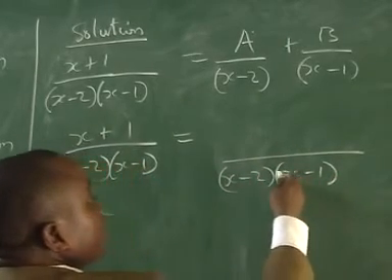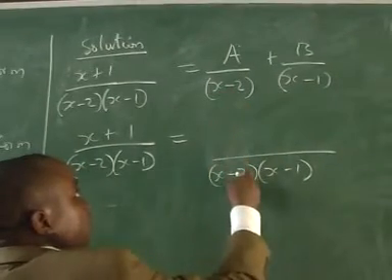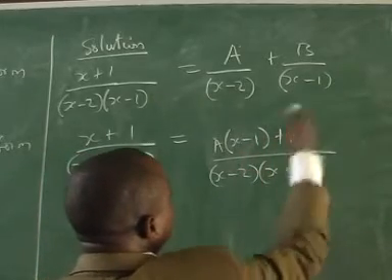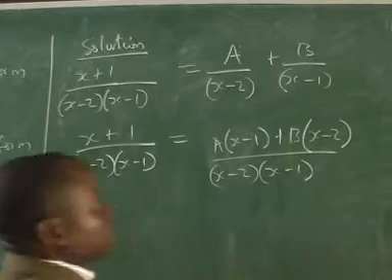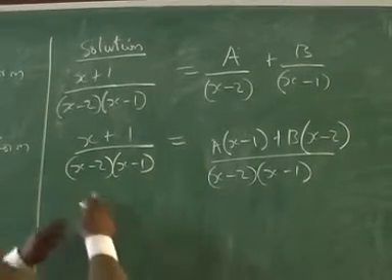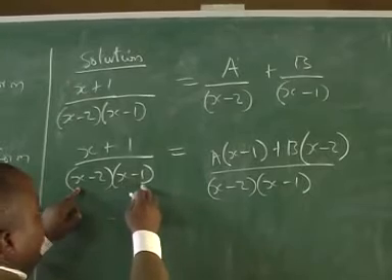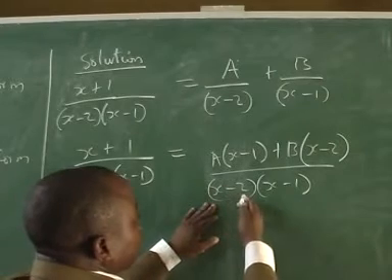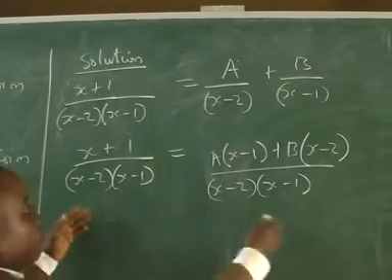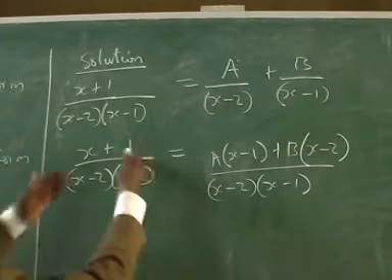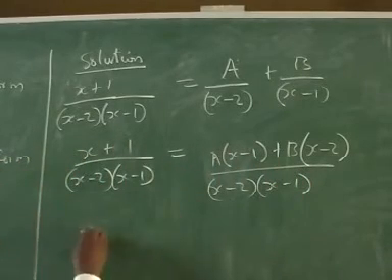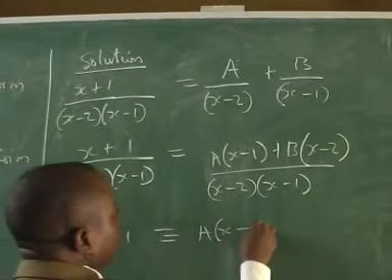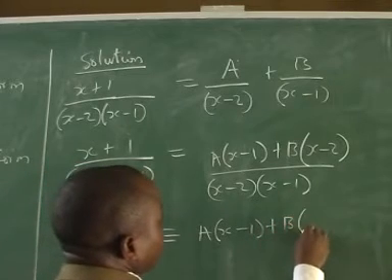So going this way, x minus 2 will cancel x minus 2, so I will have a bracket x minus 1 plus b. Now going this way, we'll have x minus 2. Now you see that x minus 2 times x minus 1 is the same on the right hand side, x minus 2, x minus 1. So when we have the same like that, this side can cancel this side. The only thing that remains is the upper one. So we can now see that x plus 1 is equivalent to a times x minus 1 plus b times x minus 2.